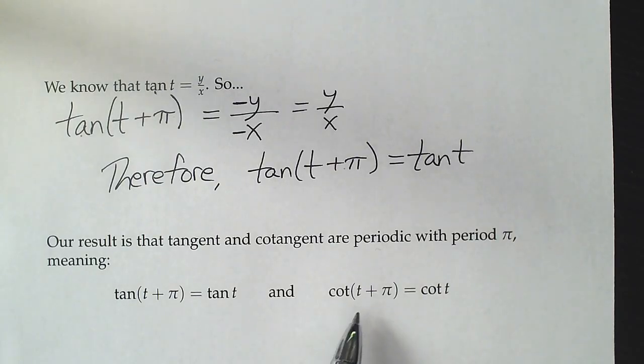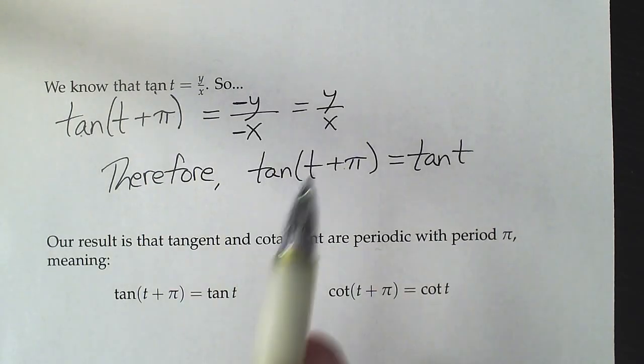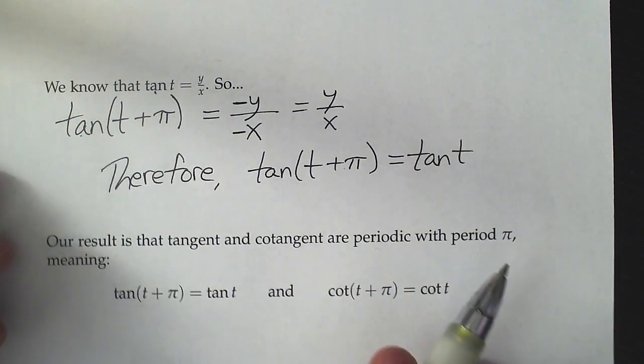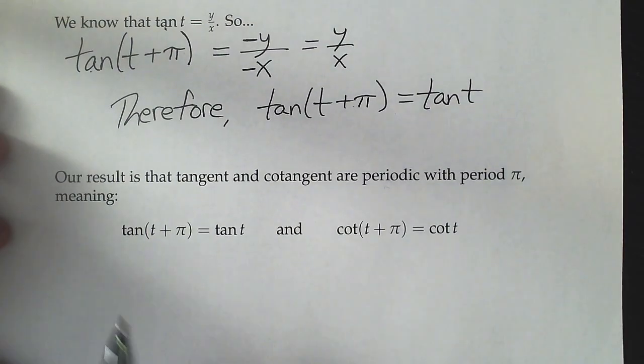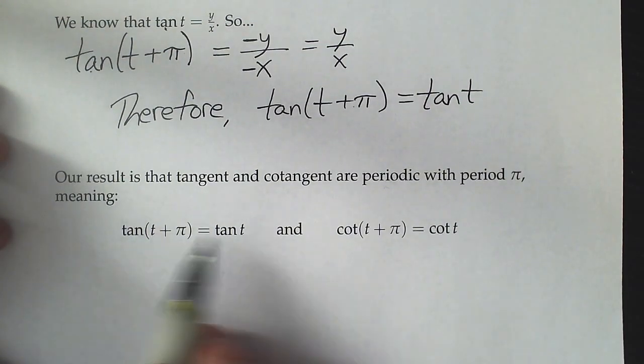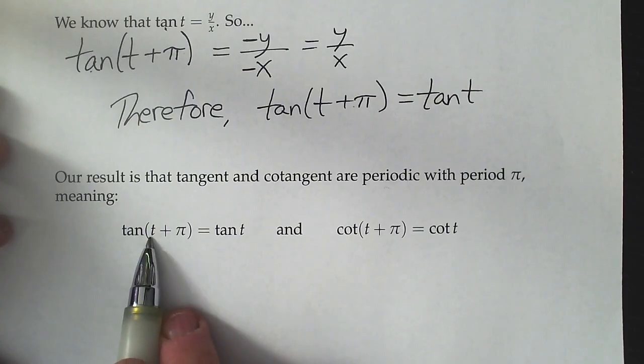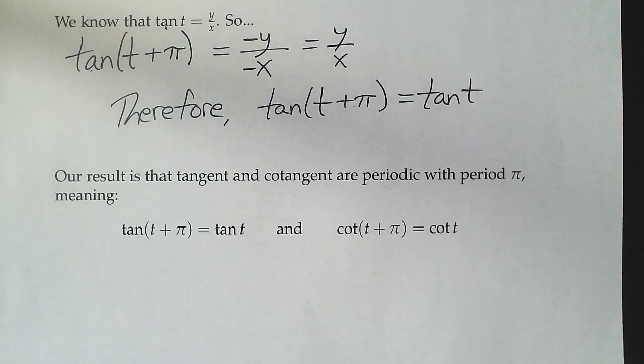And the same is true for cotangent. Cotangent would look like what we just did, but with x over y instead. It's the flipped version. And we could also rewrite this in terms of x if we wanted. If you replace the t's with x's, it's still true. So we might use that to help us with the graph on the next page.